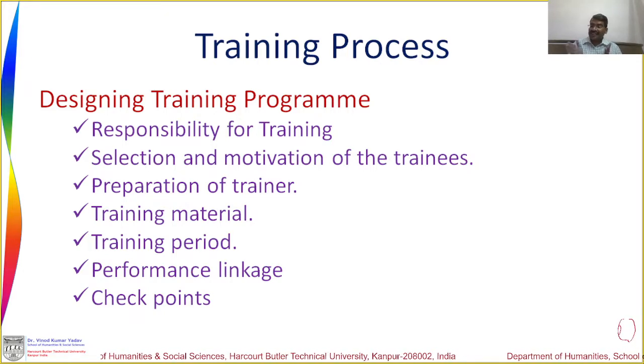Designing training material is equally important. It is not that I simply give you a lecture and that is okay. You ask for study material, or you ask for PPT, you ask for other material. So along with training, you must give training material, because it is very essential for employees.